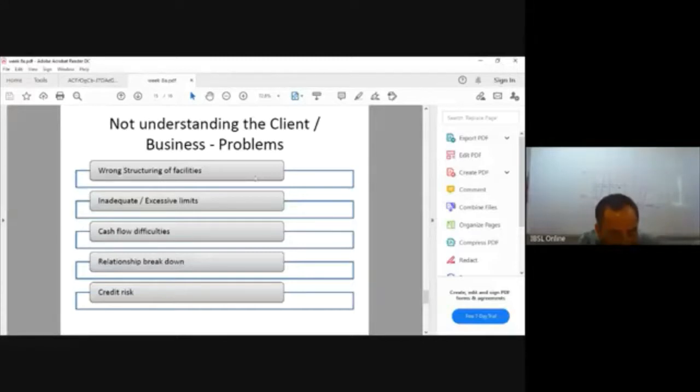Relationship breakdown. We need to know now. There are a lot of businesses with partnerships. Even in limited liability companies, there are directors, private limited liability companies, investor directors.